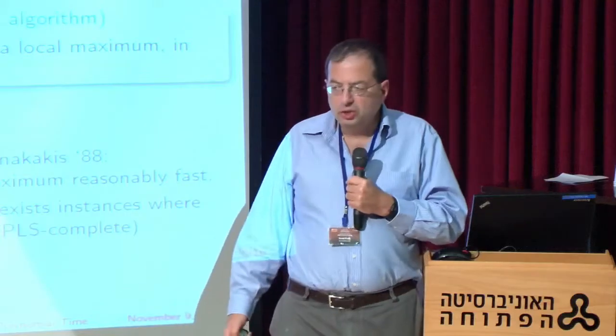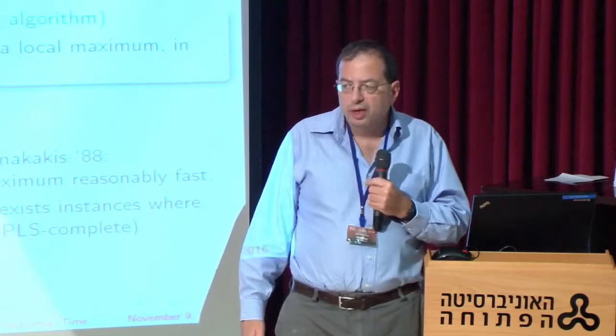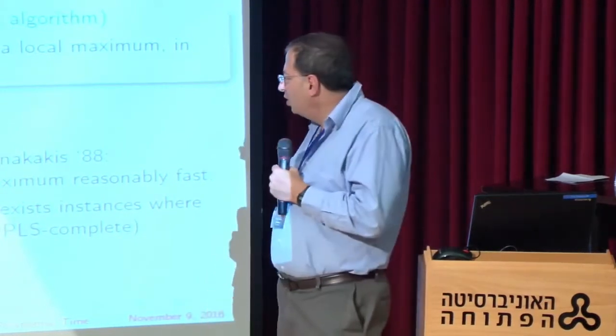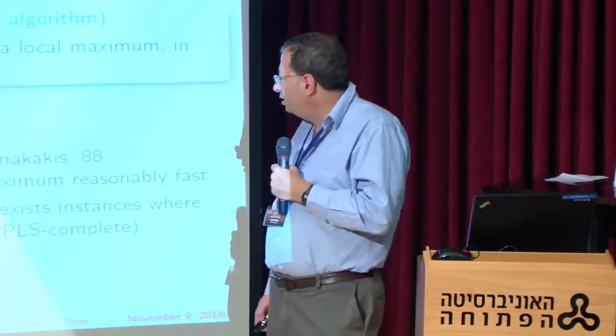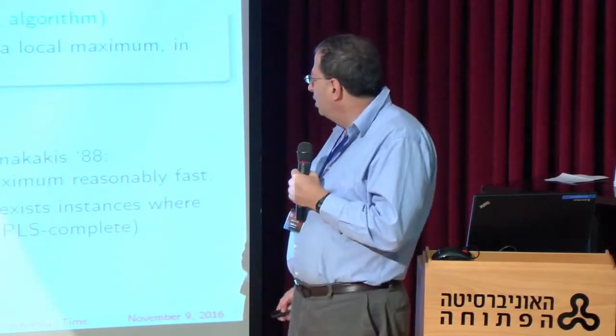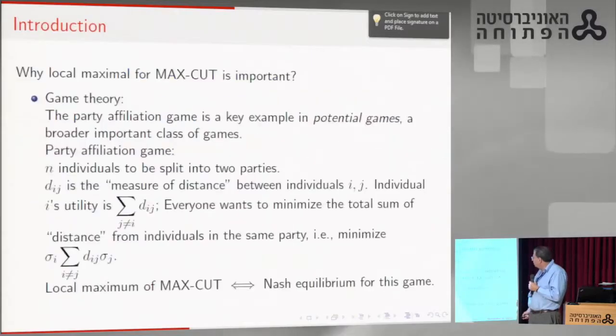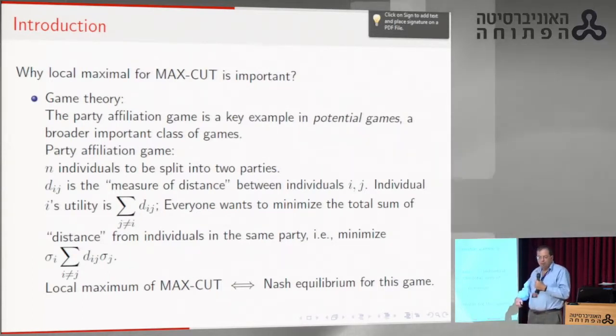And there's also a connection to Nash equilibria. In particular, local max cut is a Nash equilibrium for the party affiliation game, where the weights represent a measure of distance, and everyone wants to minimize the distance from the individuals in the same group, which is equivalent to maximizing the distance from the individuals in the other group.